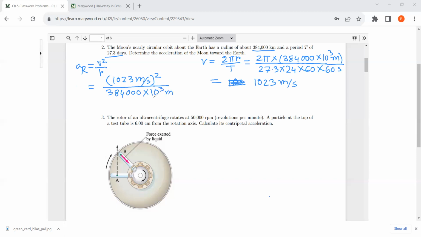Again here you have to convert it into meter. Then plugging this value in your calculator, it should give you the centripetal acceleration. So the centripetal acceleration of the moon around our earth is 0.0027 meter per second square.